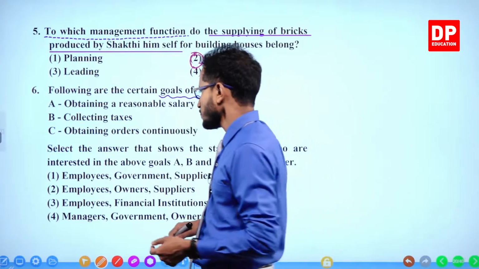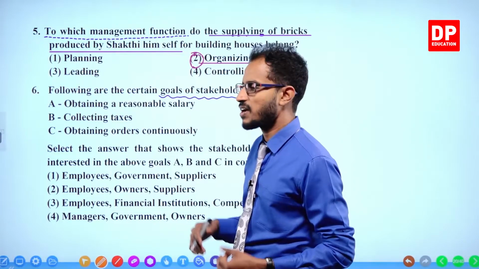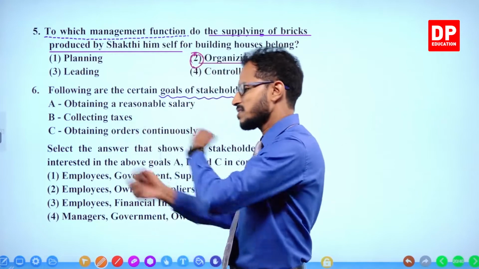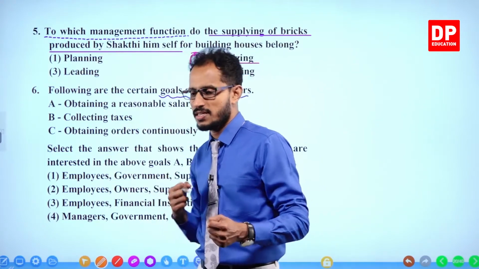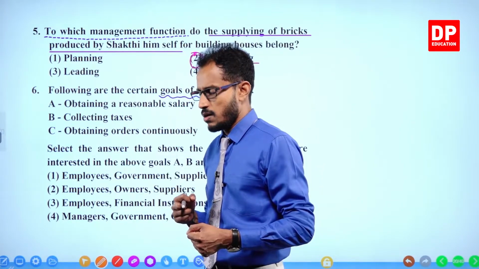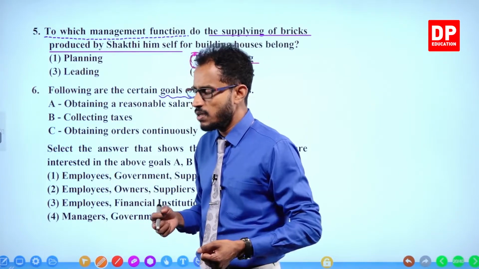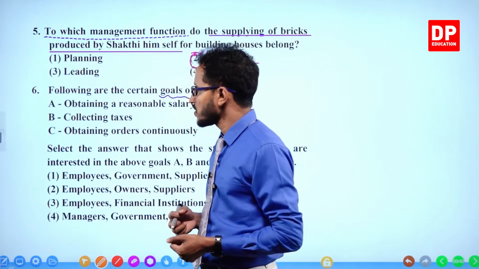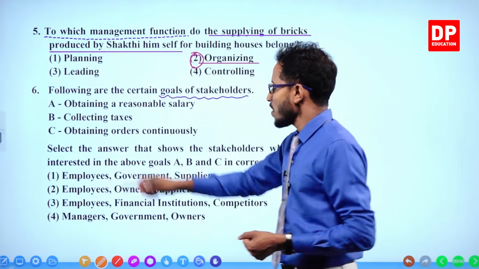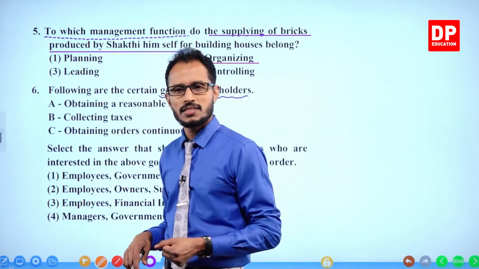No. Nobody hides in the bushes until the company pays taxes and, if the company doesn't pay, rushes out and says, you are doing business in the city, you are earning this much, your turnover is this, you have this many employees, and you are not paying taxes to the government. Who's saying that? Government. Obtaining orders continuously. Whose objective is that? Orders.